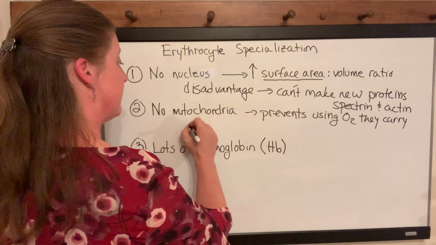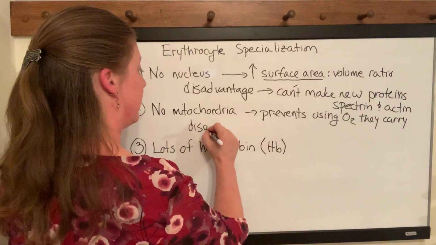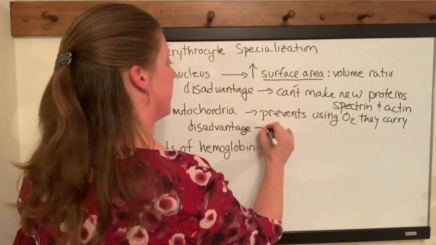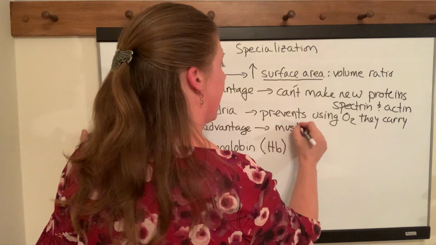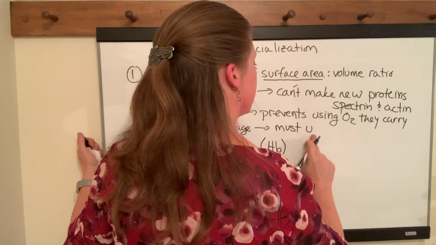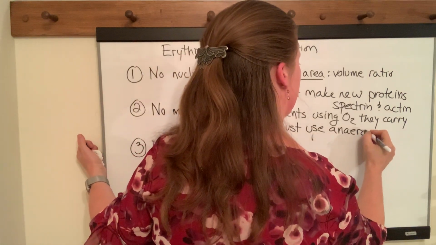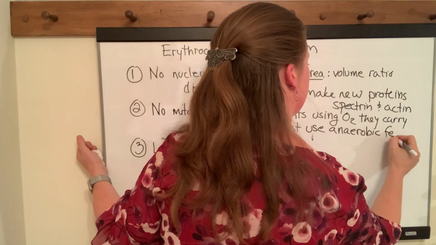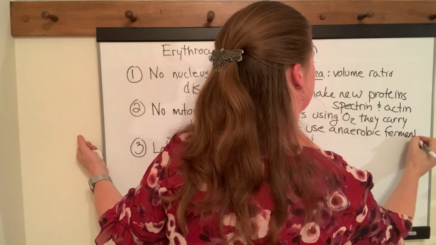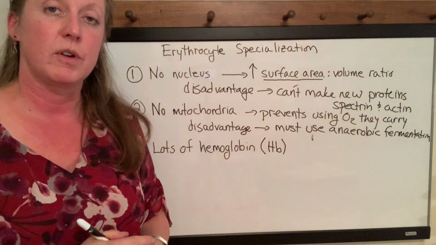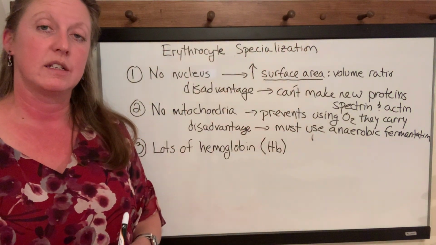And so the disadvantage is that red blood cells must use anaerobic fermentation in order to synthesize ATP.